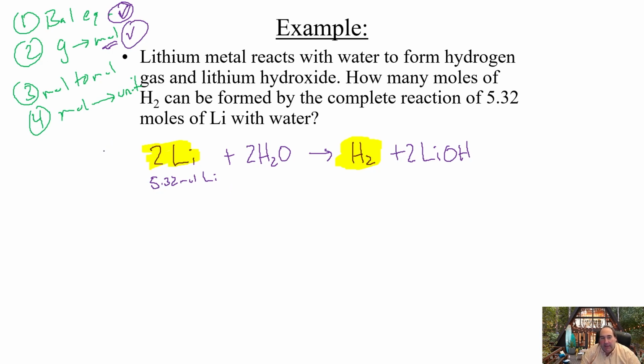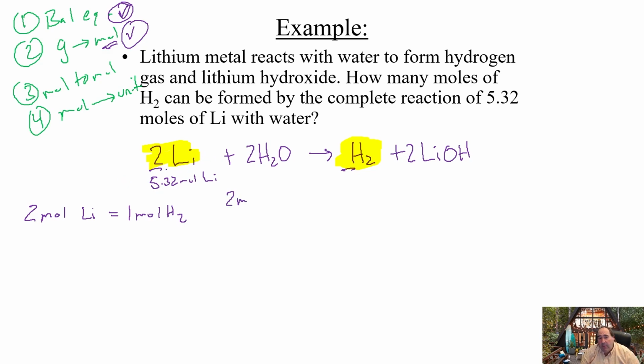From the equation, we can get the stoichiometry relationship, and we see that for every 2 moles of lithium, we get 1 mole of H2. Remember that this is the stoichiometric equality, which means we really could write 2 conversion factors.